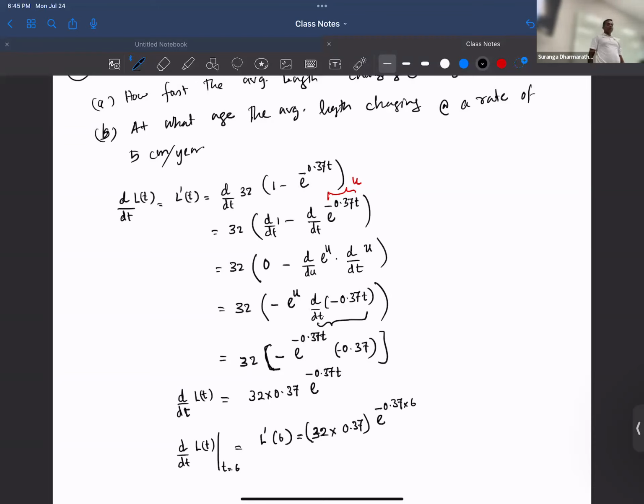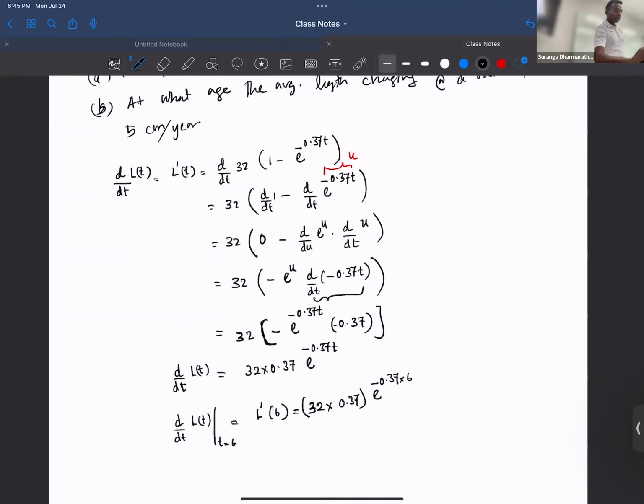If you solve this, you can get a value for that. Use your calculator to do that. Now, does the first answer make sense?